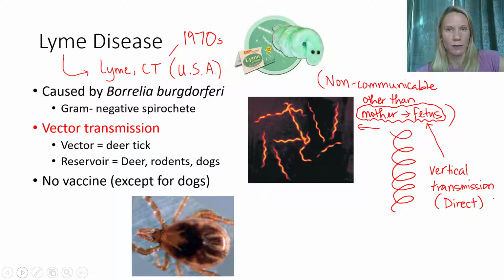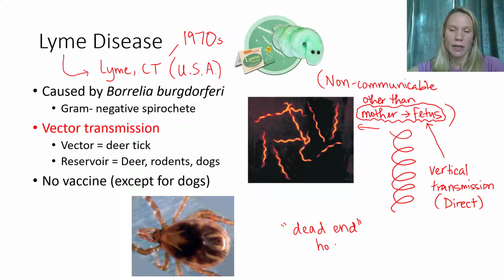Now that's not the case with Lyme disease, but it can. There are cases of it being transmissible in utero during the fetal development stages. But other than that, we consider humans are what we call the dead end host, meaning that it doesn't pass to anybody else.